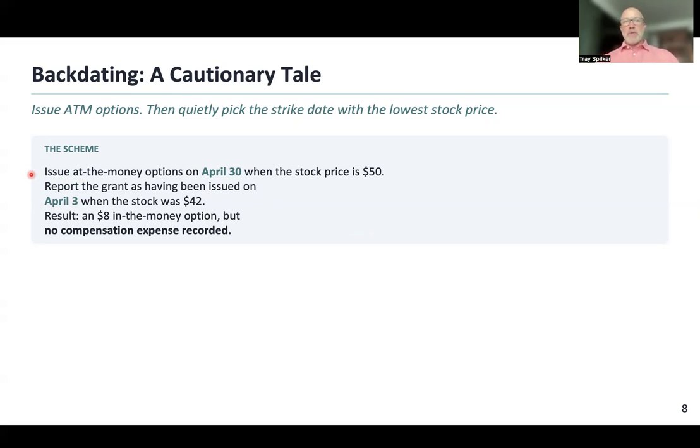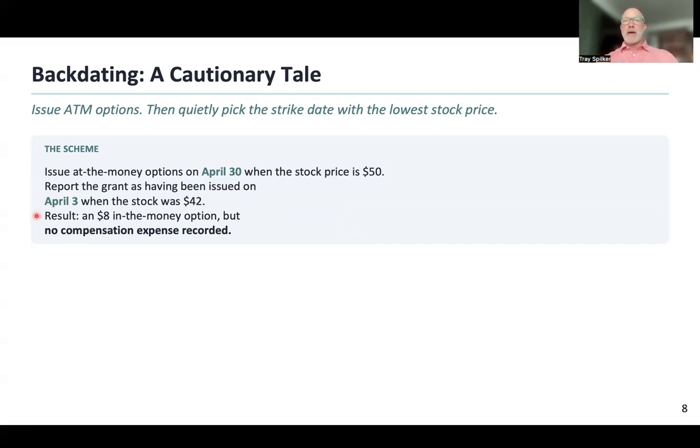They would issue those at the money options on April 30th, but backdate the reported grant date to a time in which the stock price was much lower, essentially creating fake money for employees' payroll. So maybe on April 3rd, earlier in the month when the stock was $42, the result would be an $8 in the money option immediately.